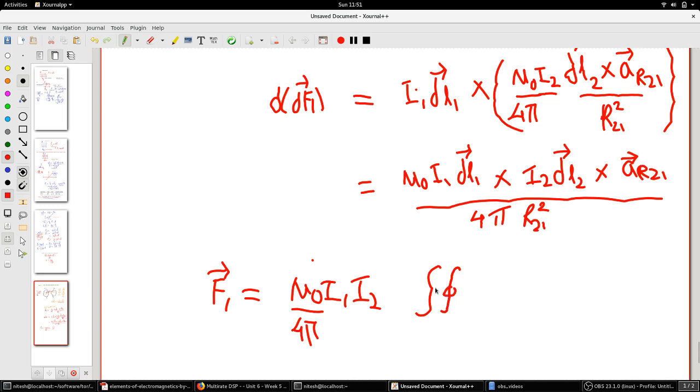This is a closed loop, this is a closed loop. L1 is the closed loop of loop 1, L2 is the closed loop of loop 2.